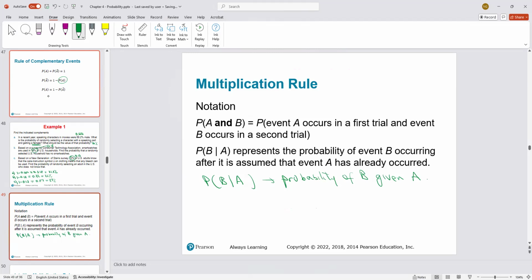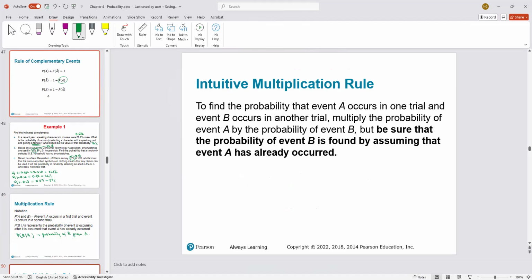So that's what we do. If we have two events, A and B, we look at the occurrence of A and B. That's very important to see in this case.